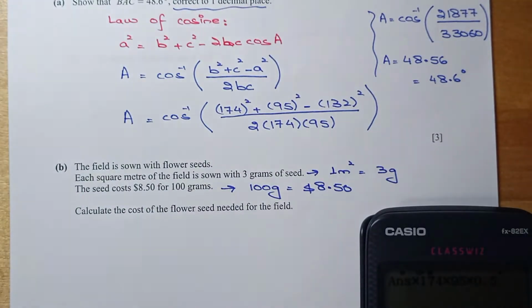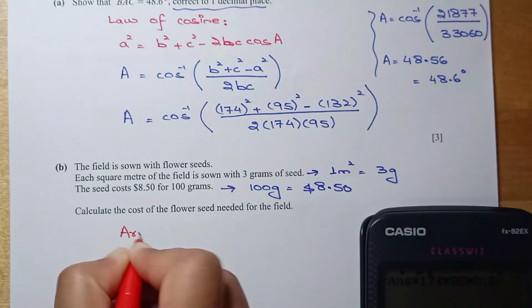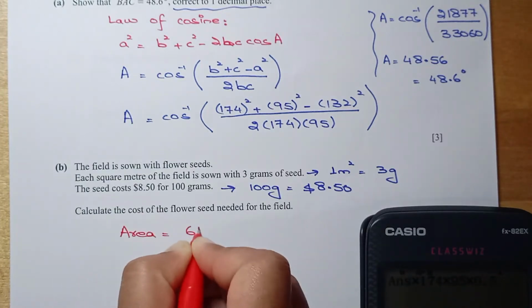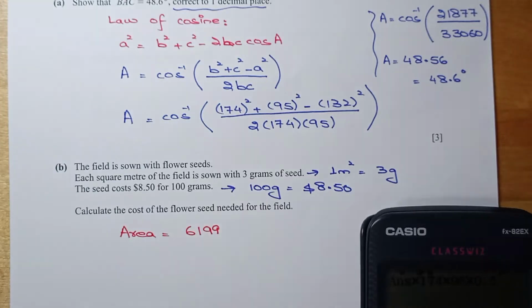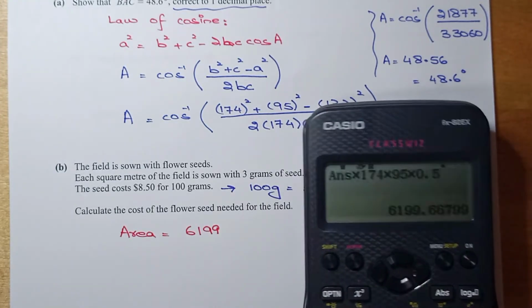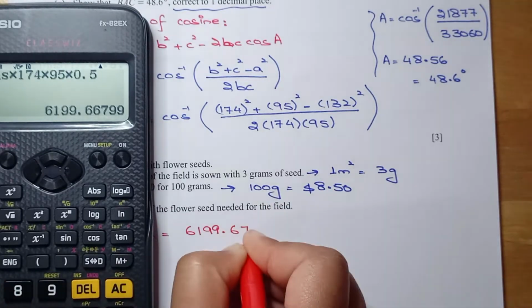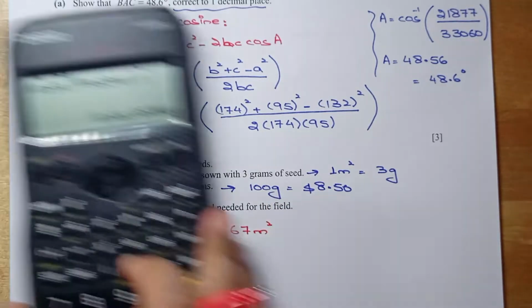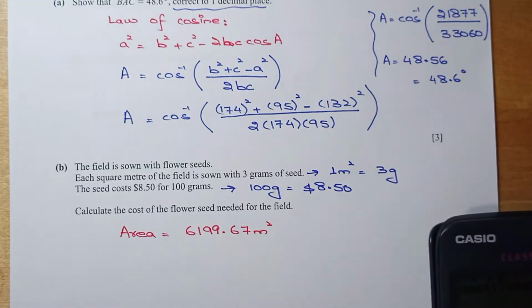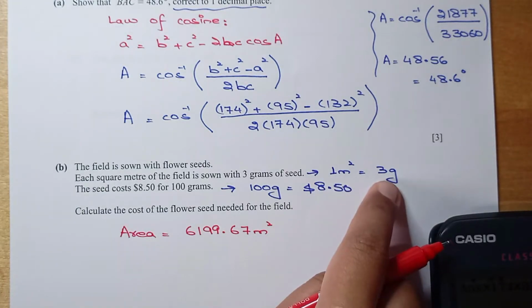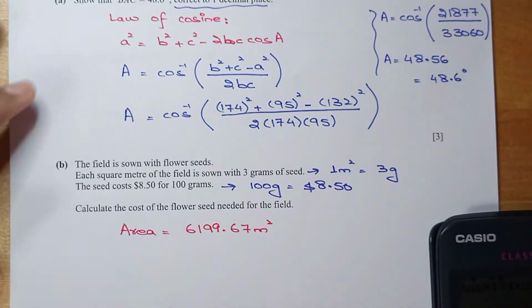So the area of the field we got is 6199.67 meters square. This is the area of the field. Now 1 meter square covers 3 grams, right?